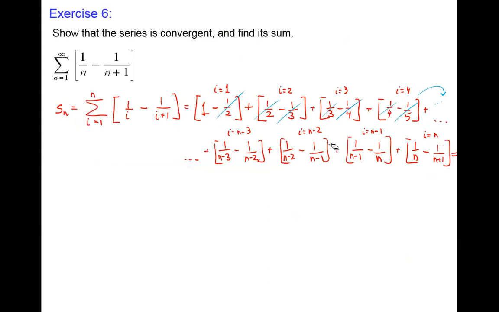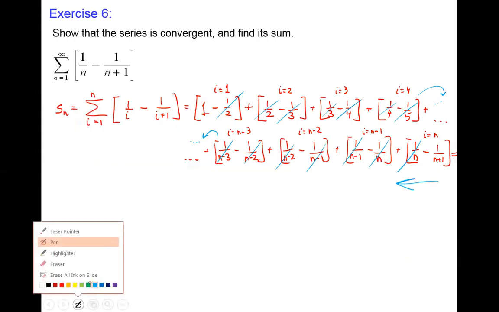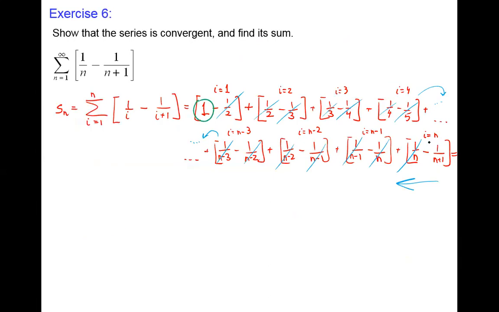Let's check backwards: positive 1 over n, negative 1 over n, positive, negative, and these cancel out with the other terms if I keep expanding them. We see that this and this are not cancelled out. That means my formula is 1 minus 1 over n plus 1.